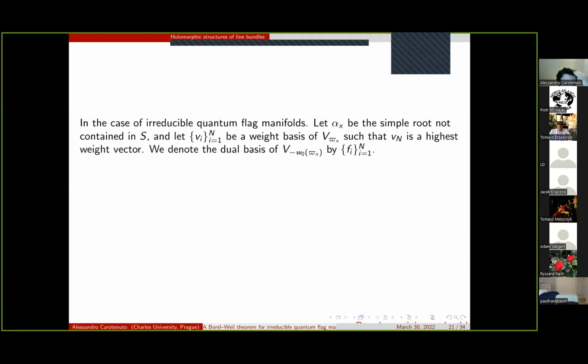Now, some notation, because I want to give another construction of these objects in terms of a direct sum of line bundles over the quantum flag manifold.